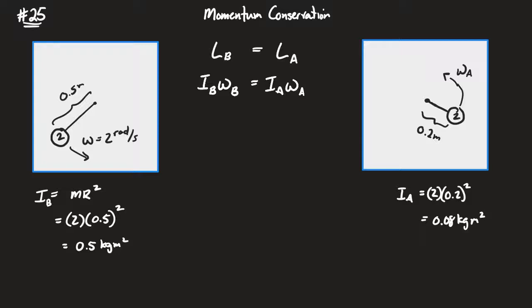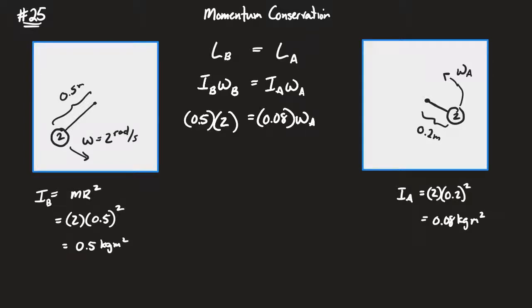Again, this is another example of the ice skater problem, where we change our moment of inertia and thus change our speed. So the puck had a moment of inertia of 0.5 and a speed of 2 radians per second. As you pull on the string, you reduce the moment of inertia to 0.08.